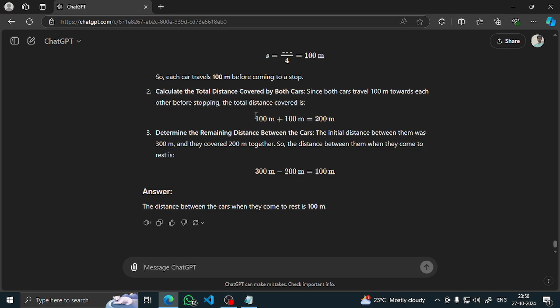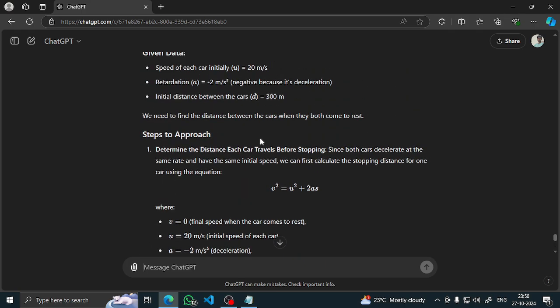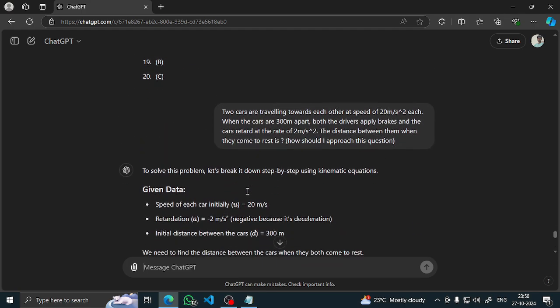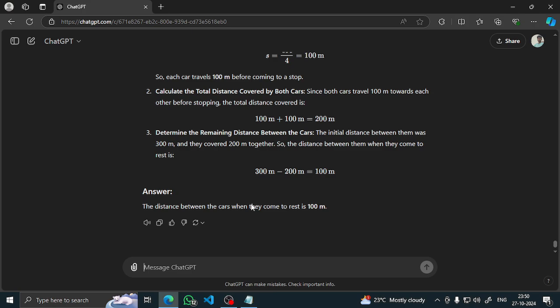Yes. Okay. That was the fifth use of ChatGPT for exam preparers and aspirants. And the last but not the least, analyzing your mistakes while solving questions.